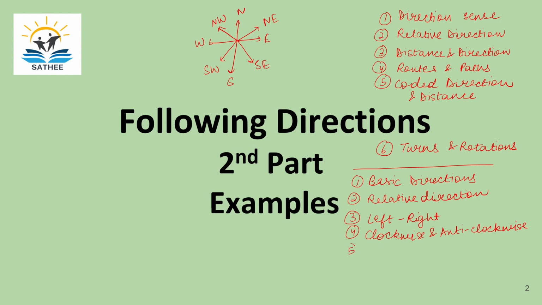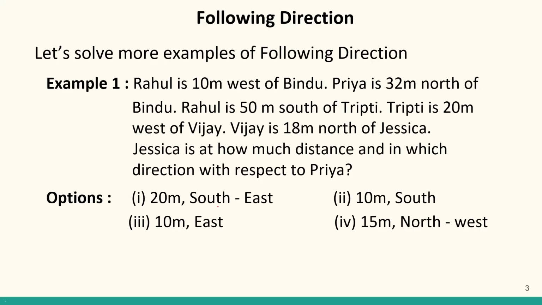Then we studied concept of rotation. And then we studied the concept of Pythagoras theorem. So these all 6 concepts we studied, which are used to solve the questions on following directions. In today's lecture, we'll discuss the examples. So let us start with this example number 1.